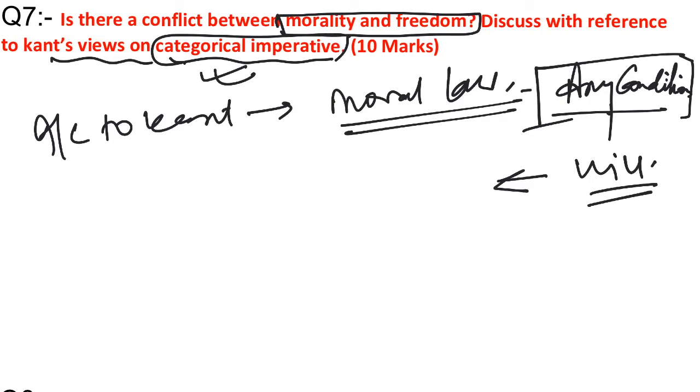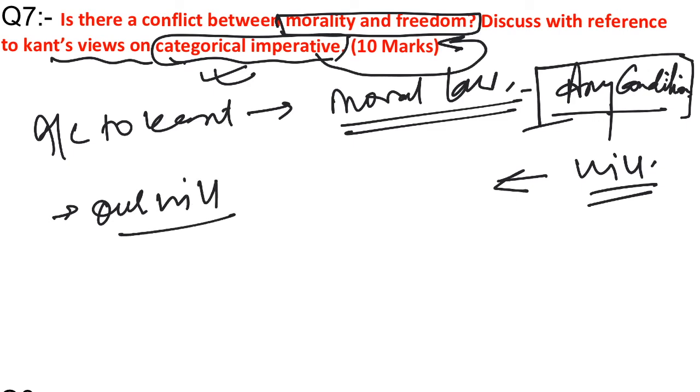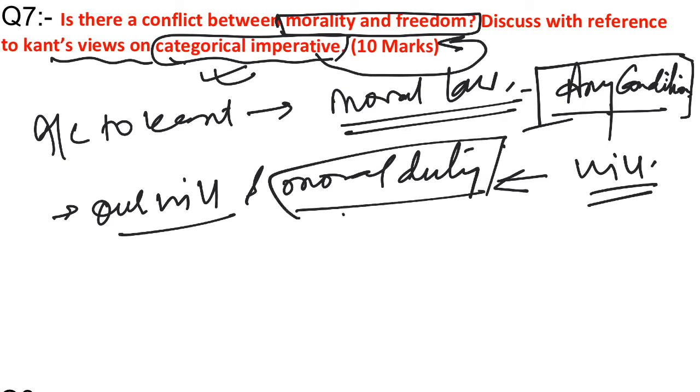And whenever you are talking about freedom in defining the categorical imperative, you are going to establish the relation between the second statement and the first statement. Then you can say that there is always a conflict between our will and moral duty. But it does not mean that we will suppress the moral duty or suppress our will. We don't need to suppress anything, we will have to reconcile the two.